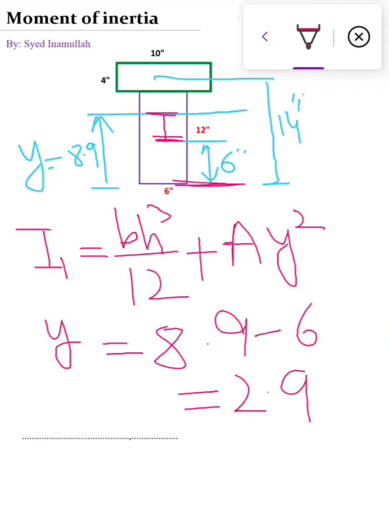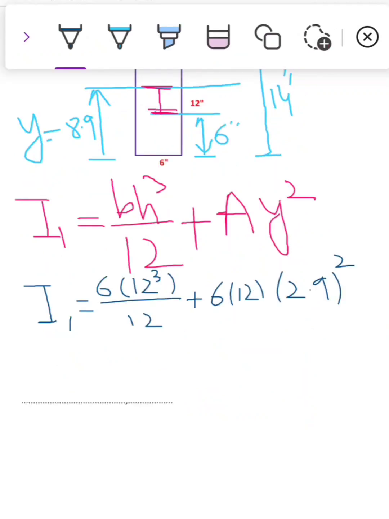So by putting the values, B is 6 inches and H is 12 raised to the power 3 divided by 12, plus the area of the first figure, 6 into 12, into y, the axis to axis distance, which is 2.9 square.